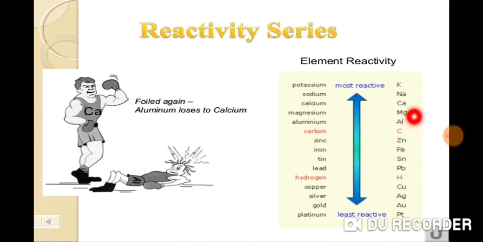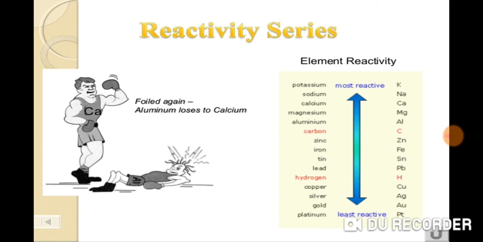These are the most reactive elements, whereas as we go towards the bottom, these are the least reactive: gold, platinum, silver, copper, hydrogen, and the middle ones are neutral. Not neutral, but they show reactivity in some cases and they remain intact in some cases.